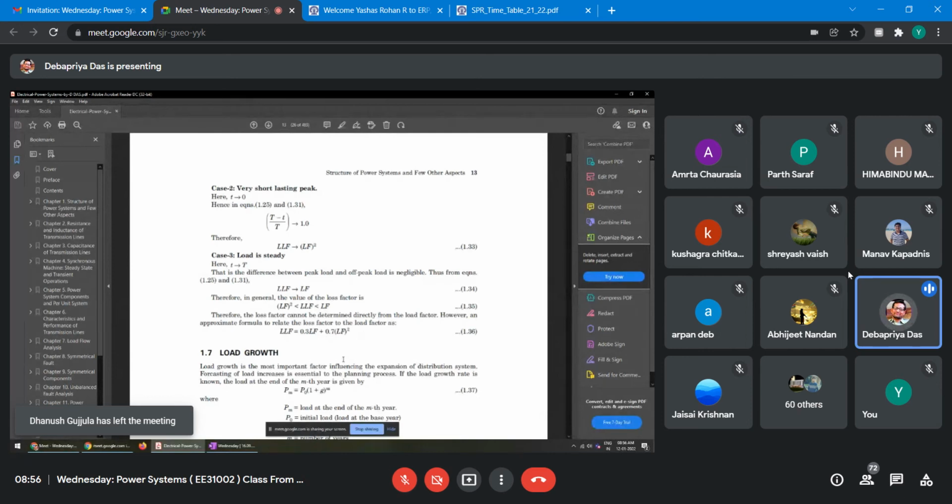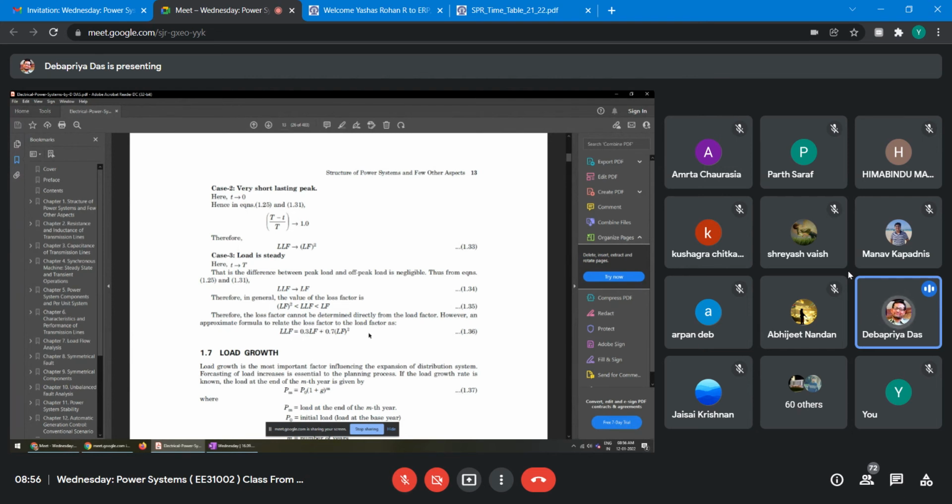But when you come to the rural side, statistical data gives 0.8 LF square plus 0.2 LF. It varies more or less like this.